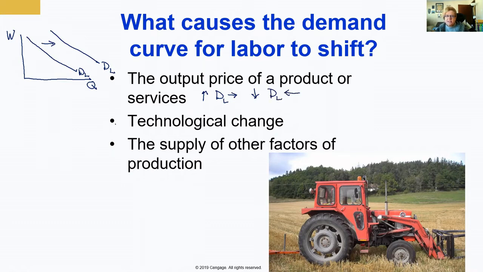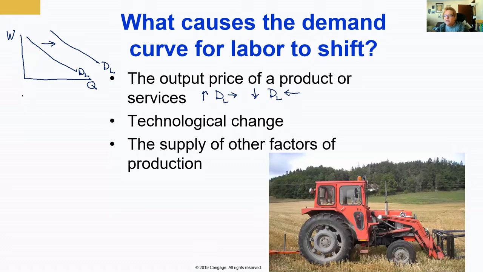Technological change is the second shifter, which will make the demand for labor either shift outward or inward. And again, when talking about human capital in our last objective, that can also impact technological change. If we look at industries that have had very little technological change, then we're not going to see a lot of shift from that.